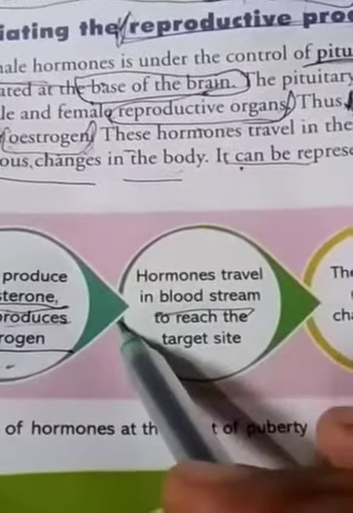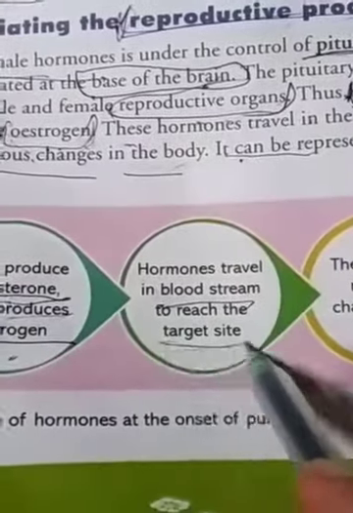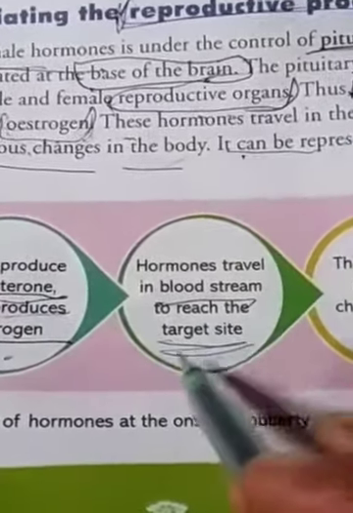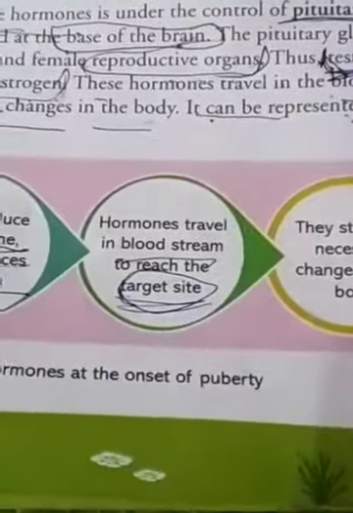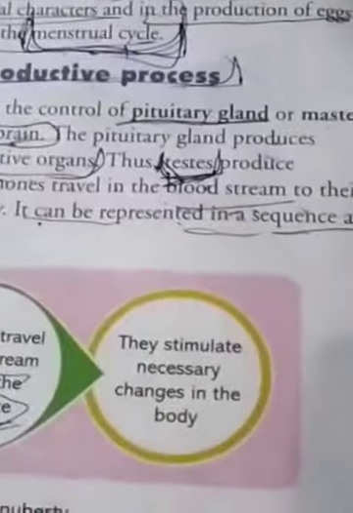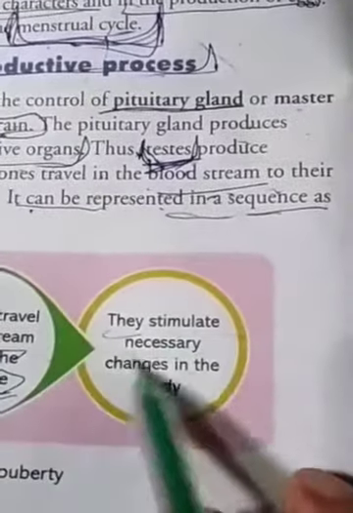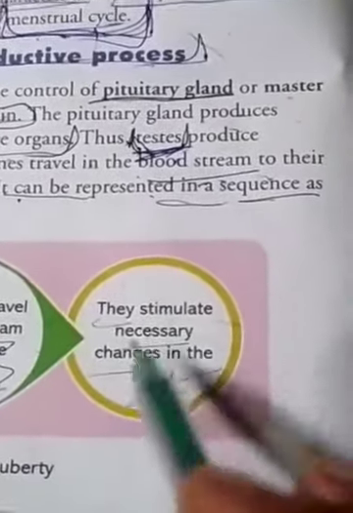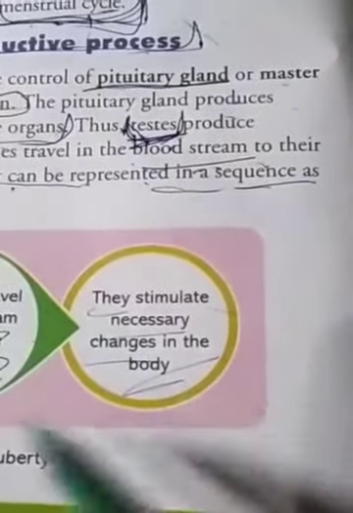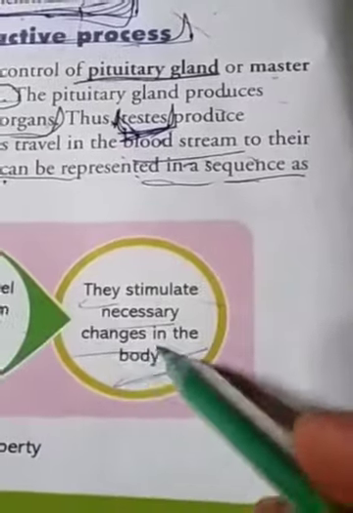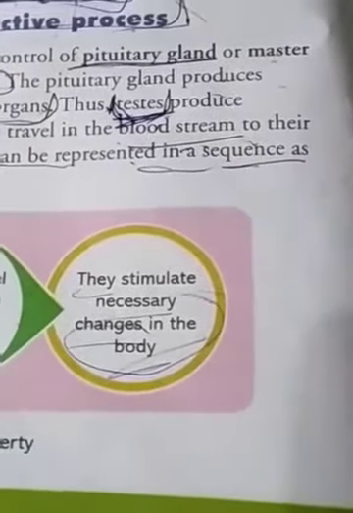So hormones travel in the bloodstream to reach the target site, where the actual need for the hormone is. Then they stimulate the necessary changes in the body, and when they reach the target organ they play their role and the changes come in the body.